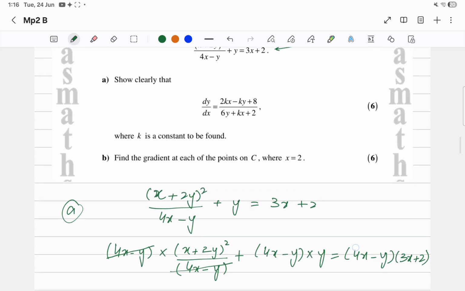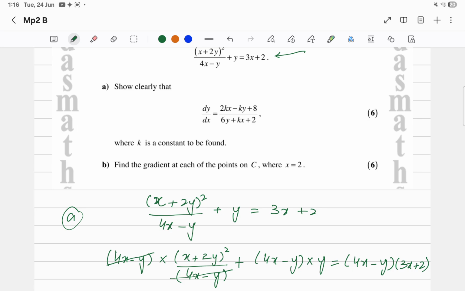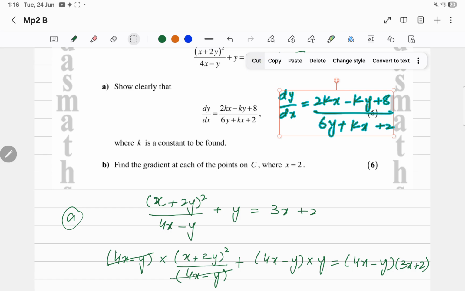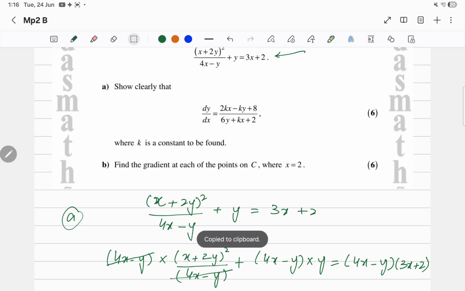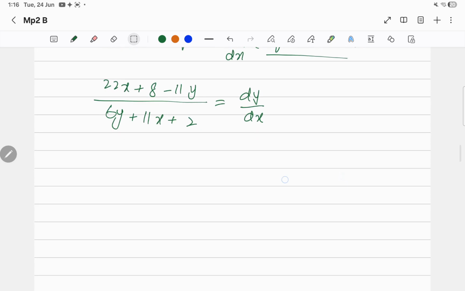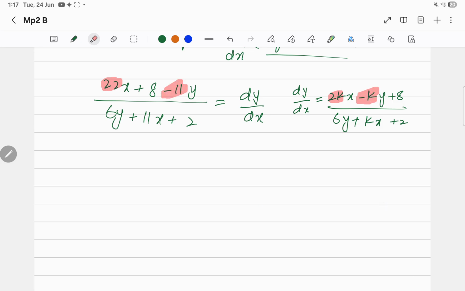If you compare this with the given form, dy over dx equals 2kx minus ky plus 8 over 6y plus kx plus 2, you can see 2k equals 22, minus k is the same as minus 11, and we can equate k with 11.